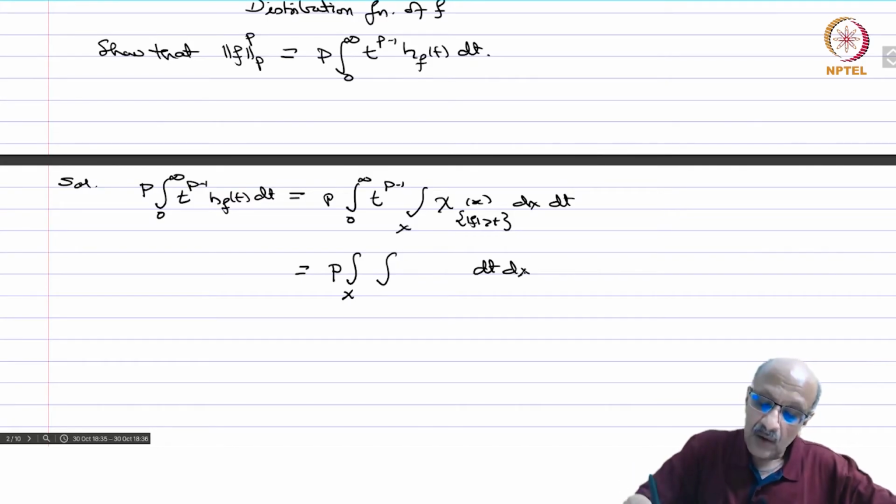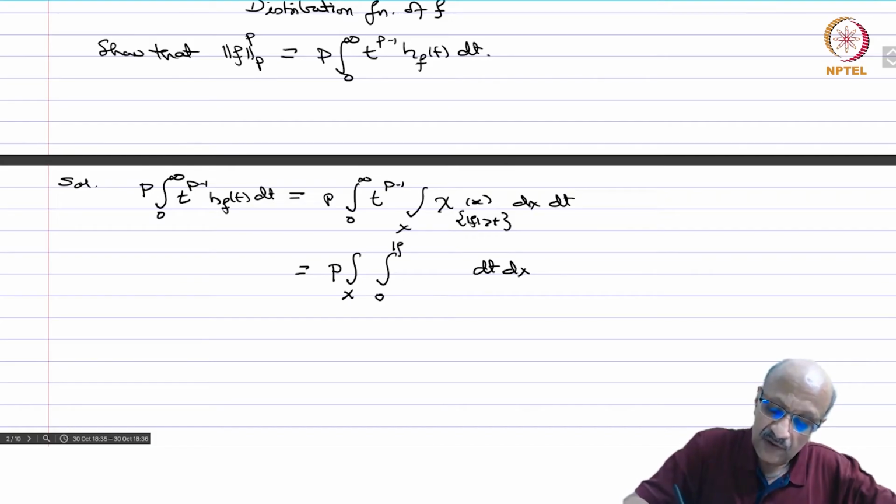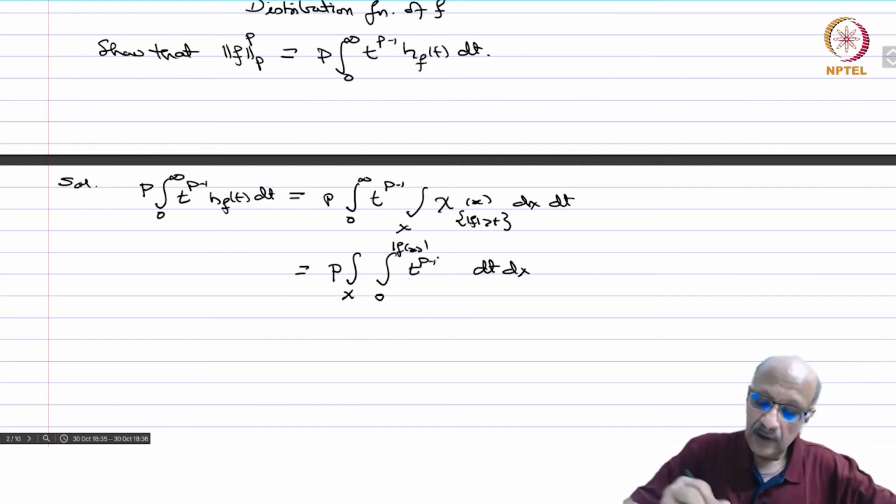Okay, now t goes from where? T is non-negative, that is seen from here, and this tells you that t can only go up to mod f, so 0 to mod f(x). Those are the limits of the integration, and then t power p minus 1 dt dx.